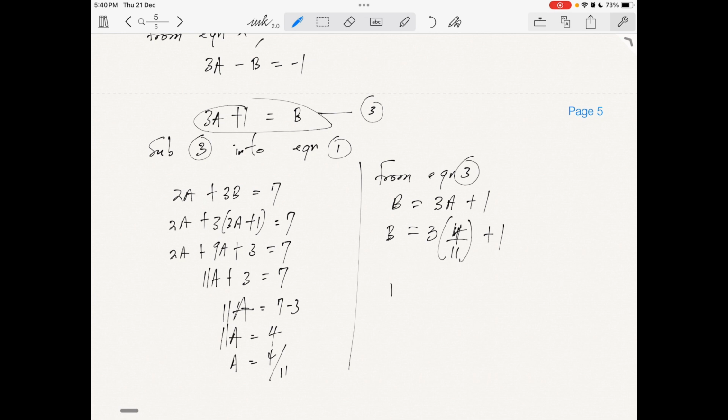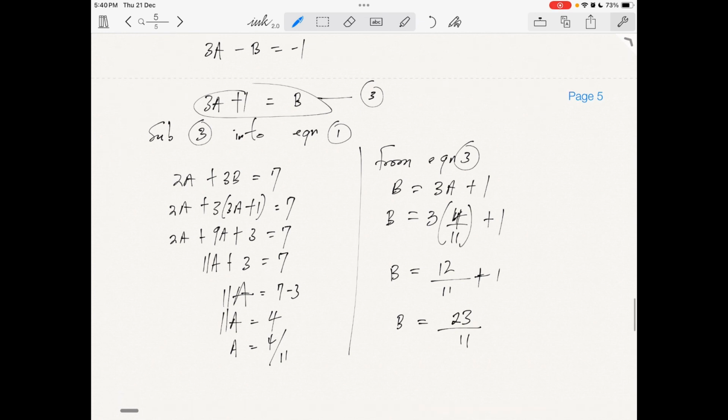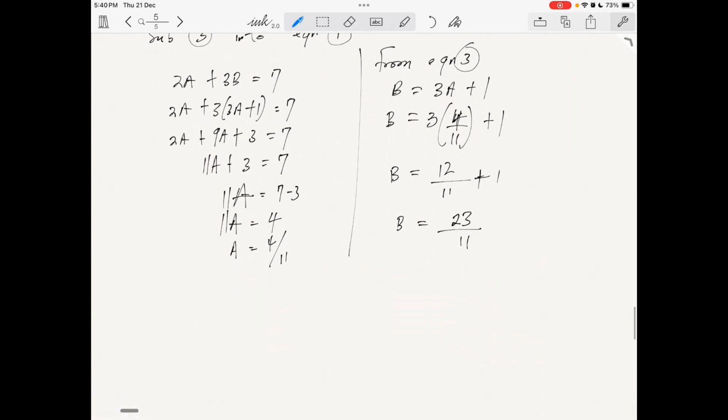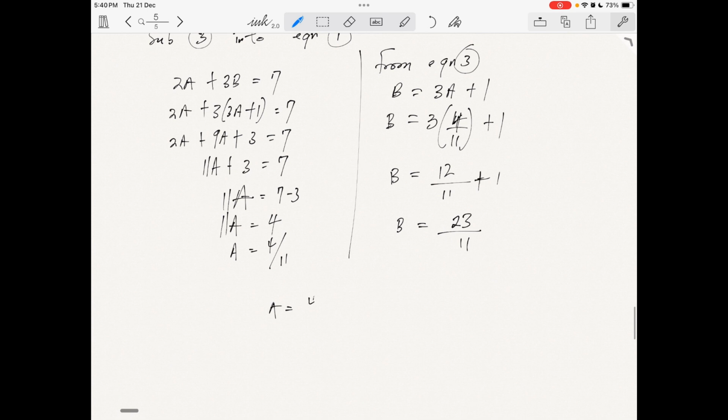So b will be equal to 3 times 4, that will give me 12, 12 over 11 plus 1. You can use a calculator to evaluate this, and our answer will be 23 over 11. So we have our final answer: a is equal to 4 over 11, and b is equal to 23 over 11.